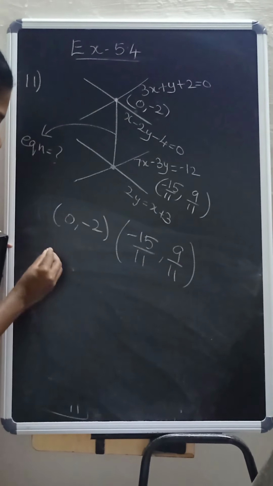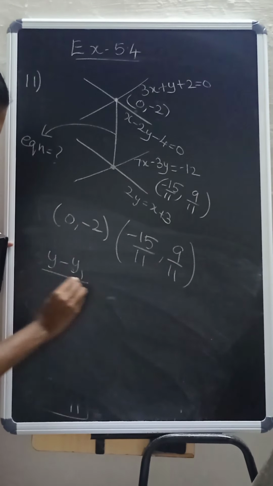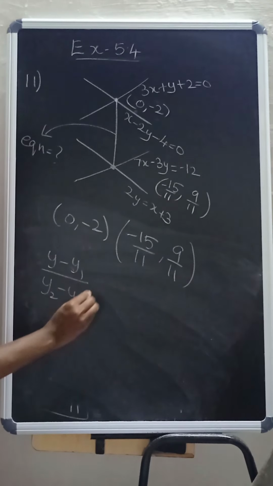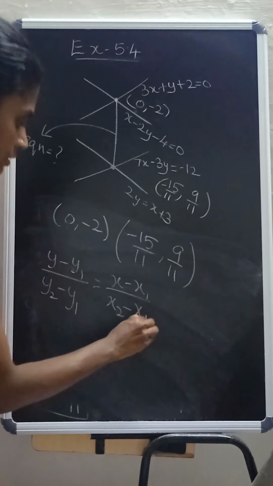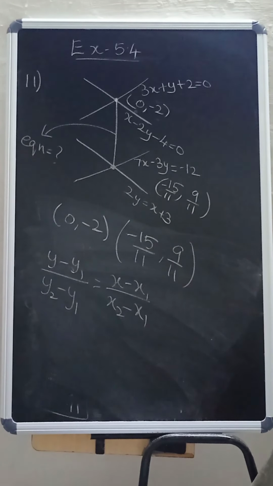Equation of the line passing through 2 points is y minus y1 divided by y2 minus y1 is equal to x minus x1 divided by x2 minus x1. Now substitute the values.